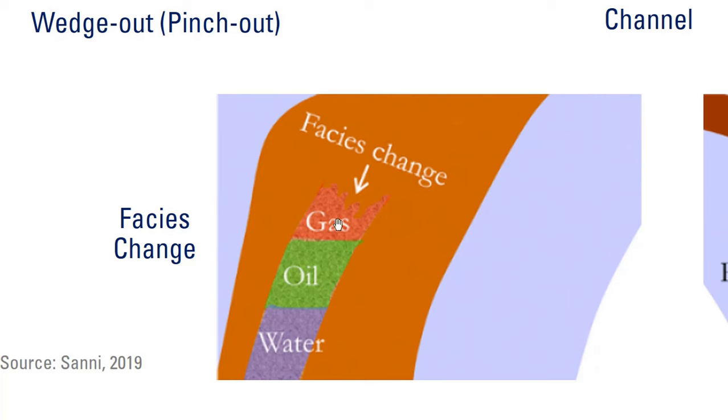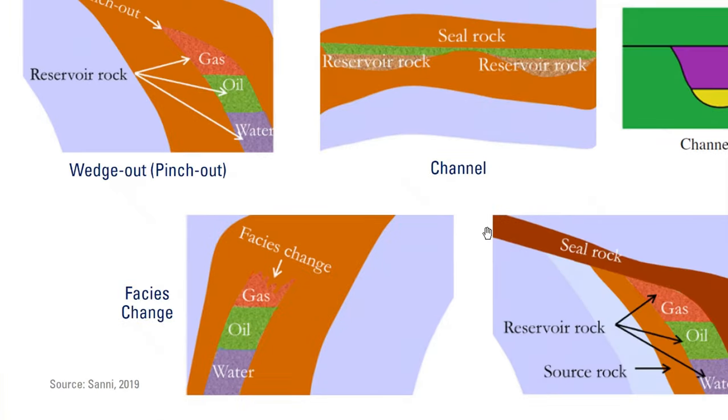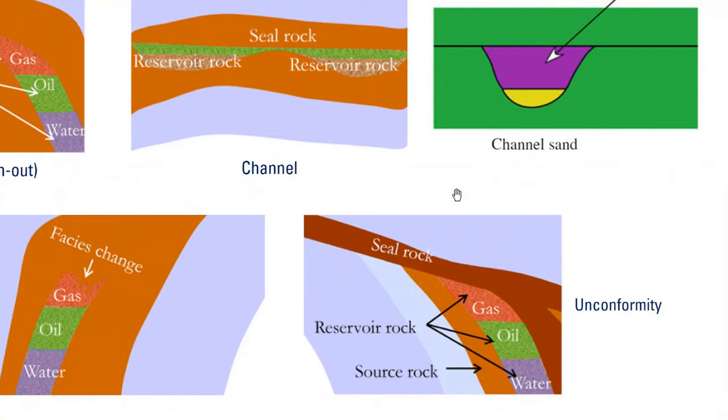That's why oil, gas, water are trapped there, cannot flow. That's why we call it stratigraphic trapping. Here we also have unconformity. So we have pinch out and we have also facies change. We have seal rock at the same time. We call it unconformity.